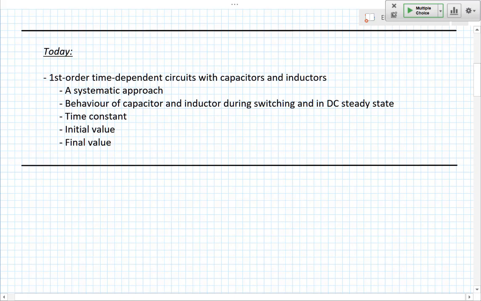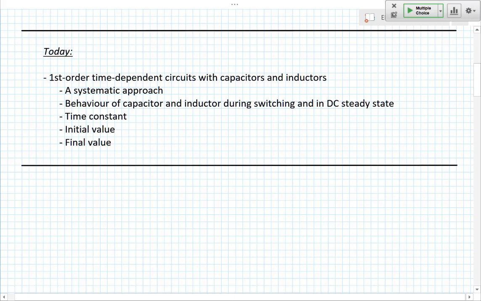And so typically you would see this with a circuit that has one capacitor or one inductor. It does not have to be limited to one capacitor or one inductor. Depending on how the circuit is, you might have more than one capacitor or inductor and still have a first order type of behavior. But the simplest case would involve one.